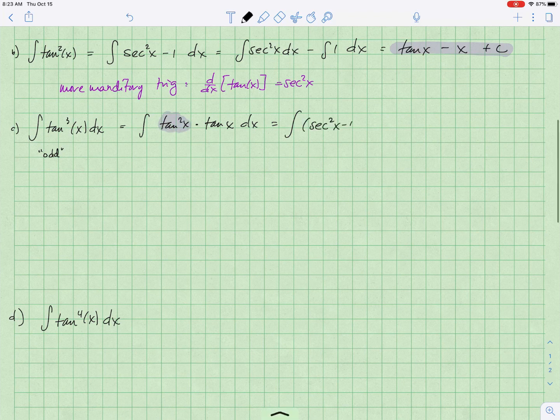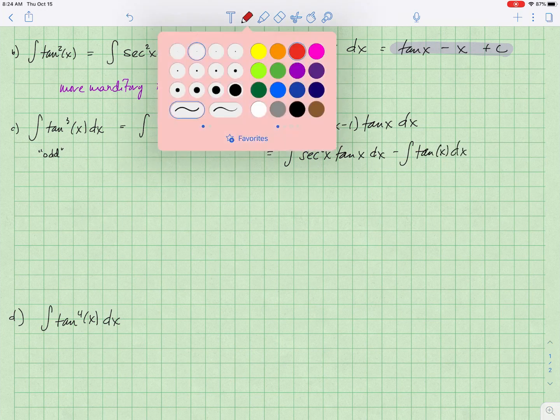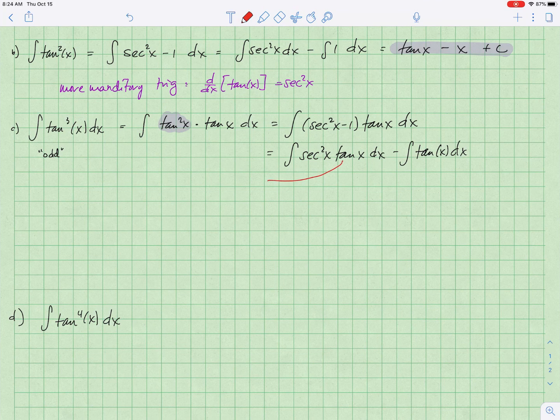This is secant squared x minus 1 times the tangent of x dx, making this the integral of secant squared x tangent x dx minus the integral of tangent x dx.